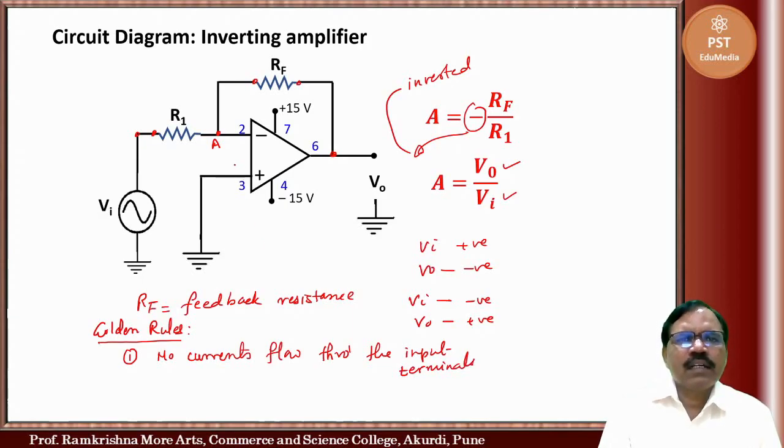Means here the current through this will be 0 and the current through this will be 0.